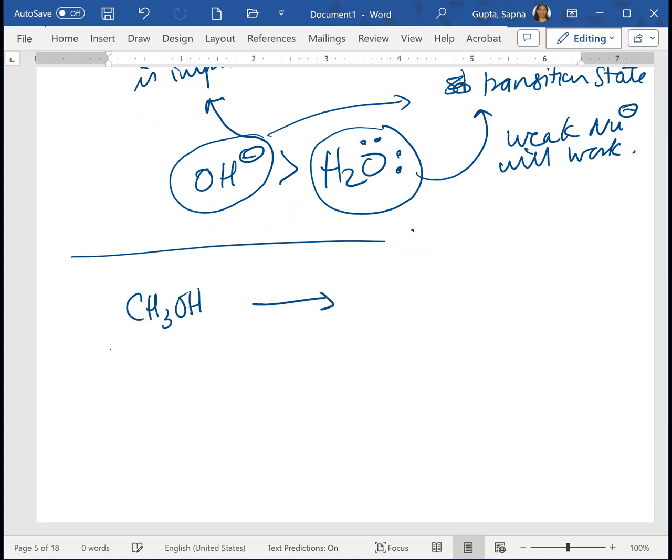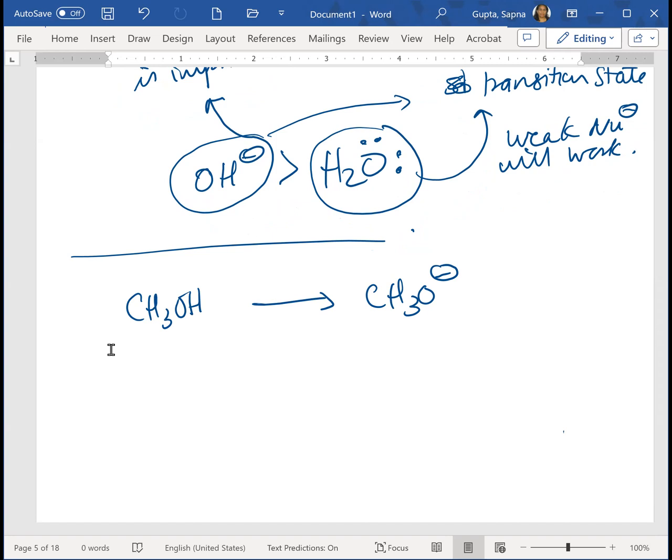How to make the conjugate base of this? This is the conjugate base of alcohol. So I removed the hydrogen. In this recording, you're going to see so many times it's telling me that my internet connection is not stable. But anyhow, we're going from CH3OH to the conjugate base of that alcohol.